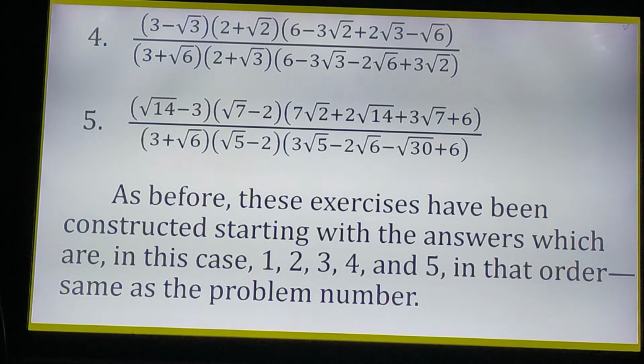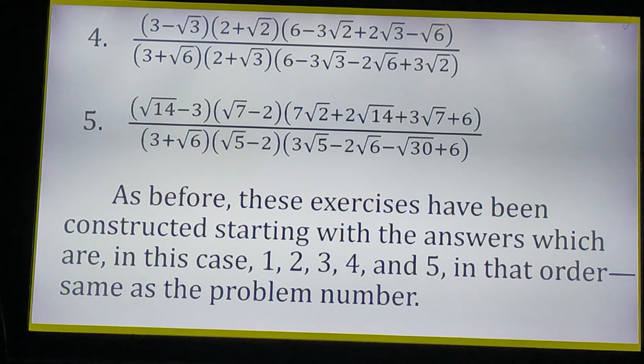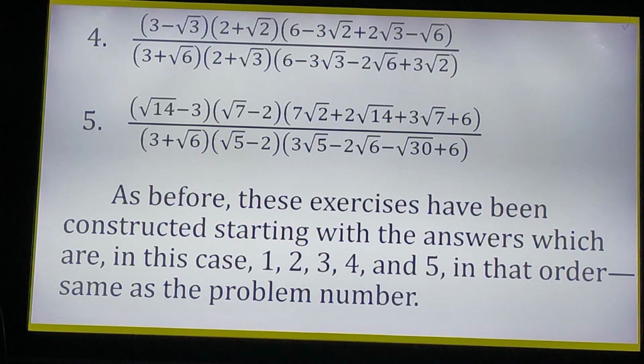As before, these exercises have been constructed starting with the answers, which are in this case 1, 2, 3, 4, and 5 in that order. This is the same as the problem number. What I mean is, the answer to number 1 is 1. The answer to problem number 2 is 2, and so on. The answer to number 5 is 5.